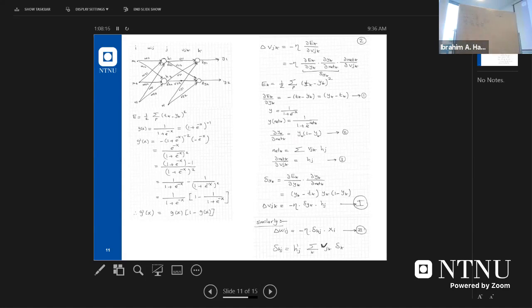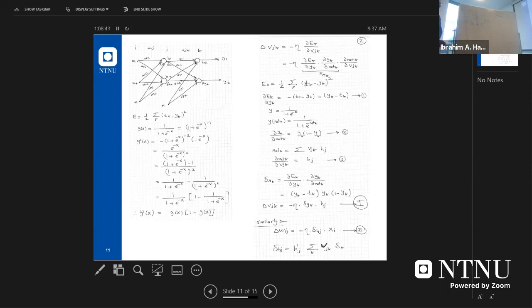The input for this one is h1, correct? So multiplied by h. If it is delta v, it will be the same, but instead of multiplying by h, it will be multiplied by 1, right? Because the input for the bias is plus 1.